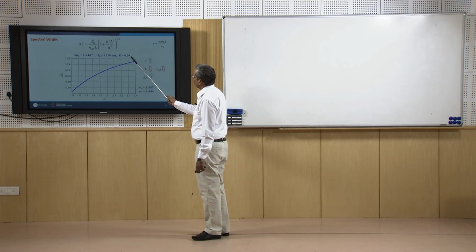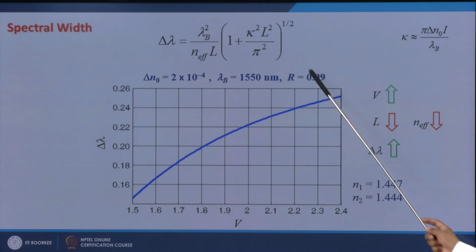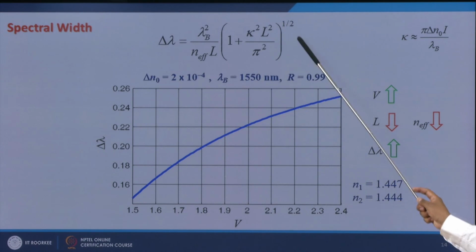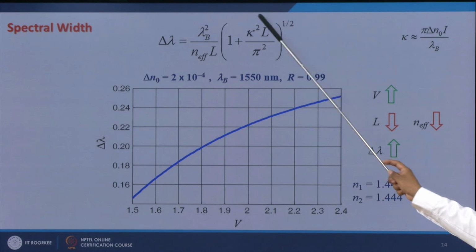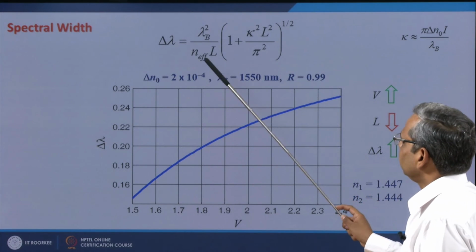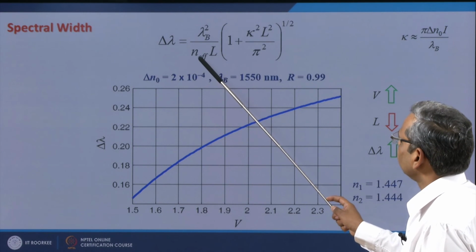For reflectivity 99%, I know kappa L is equal to 3. So, all the values here in this bracket are fixed. Now, it will depend only on the grating length and N effective.